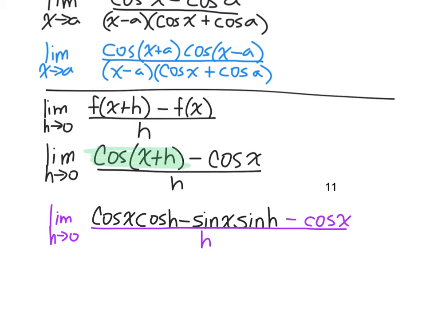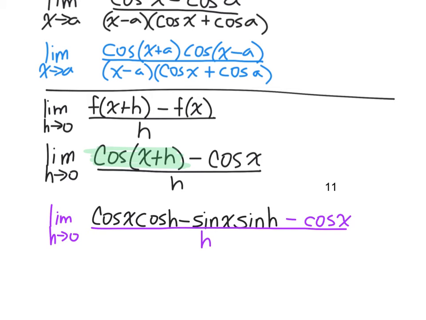Because after this, the algebra should work itself out pretty nicely. So again, this is the sum identity for cosine: cosine of a plus b equals cosine a, cosine b, minus, it's weird, but it has a minus in it, sine a, sine b.